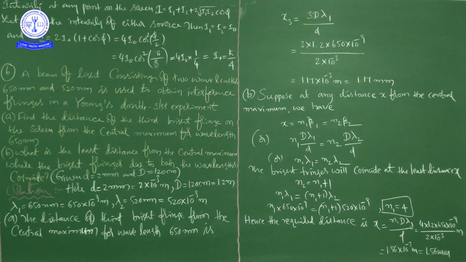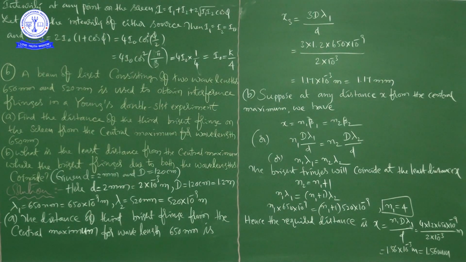You know when we are doing the double slit experiment, when the source of light is going to fall on the two slits, the two slits act as two different sources coming from the same source, but each slit acts as an individual source, right?